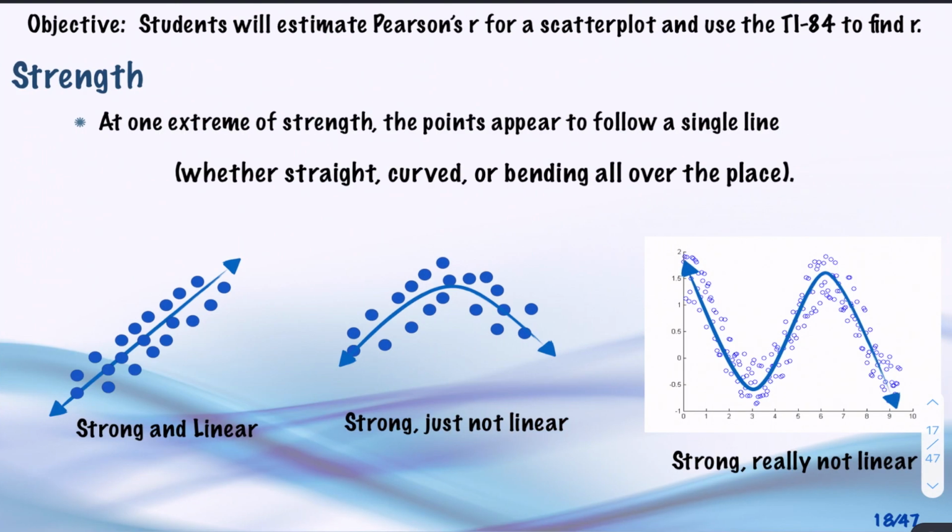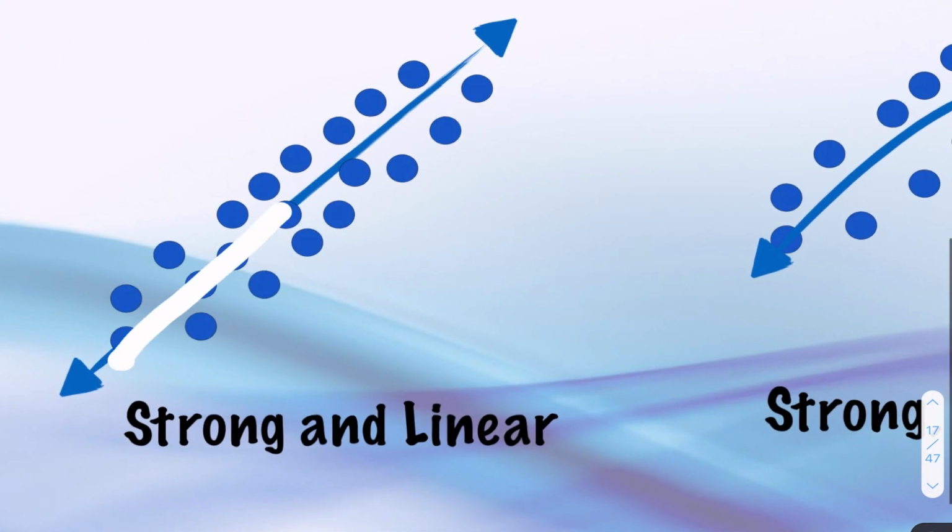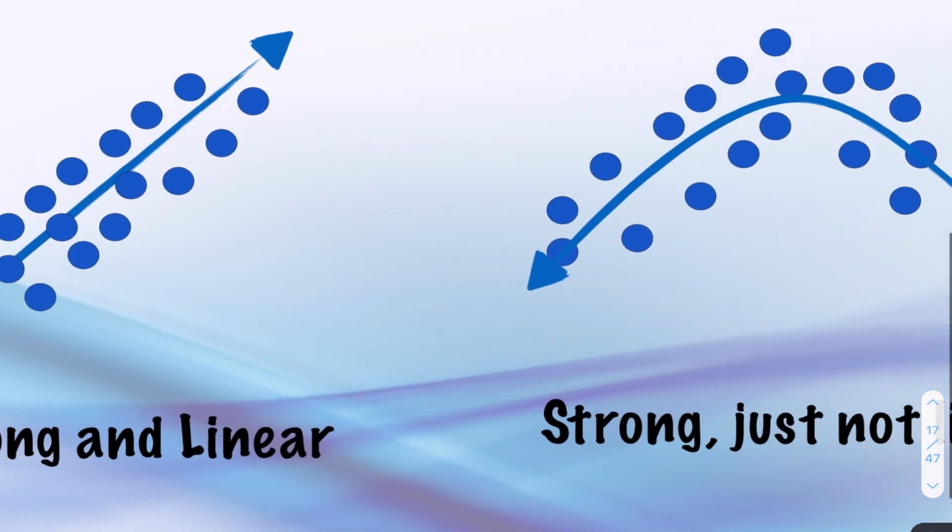So in terms of this, is it linear, is it not? Well, this goes also to strength. At one extreme of the strength of a relationship, the points appear to follow a single line. Again, whether it's straight, curved, or bending all over the place, we can still talk about the strength of a relationship. It's just, is it linear or not? So, for instance, our first relationship is a strong and linear association.